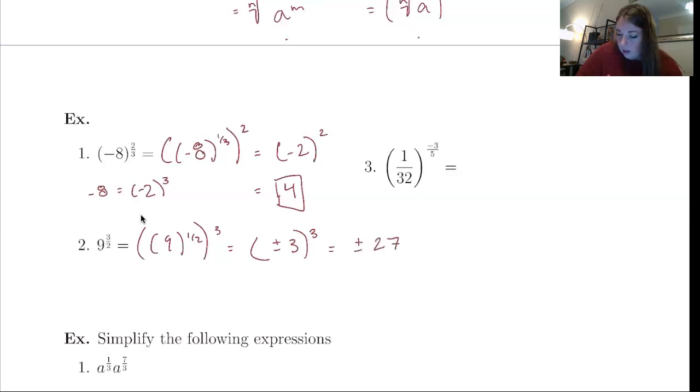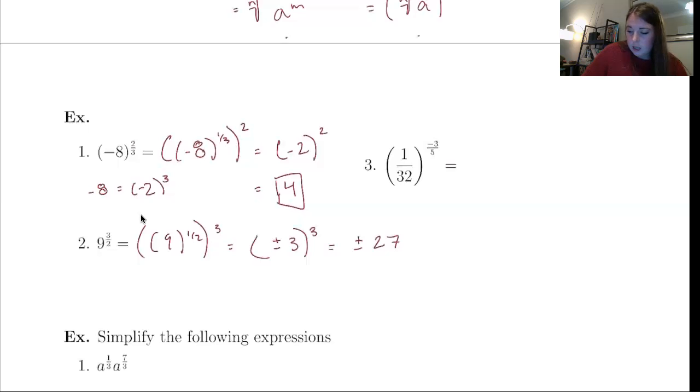Alrighty. So now I have 1 divided by 32 to the power of -3 over 5. So I think the first thing that we should deal with is that negative. If I have a negative exponent, I want to flip my base, right? So remember that a to the -n is 1 over a to the n.